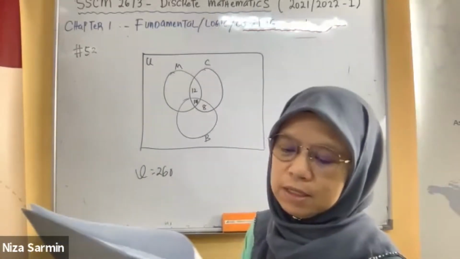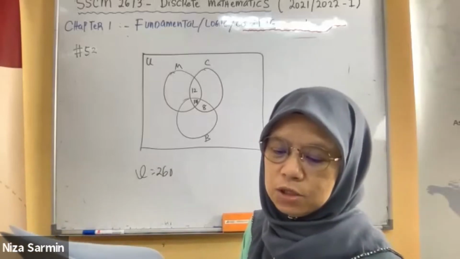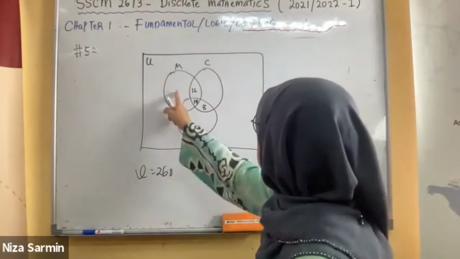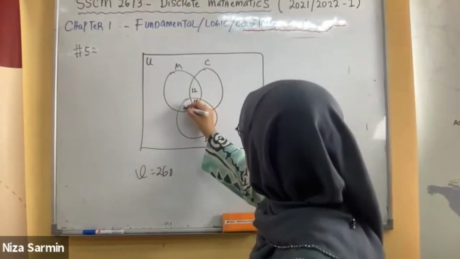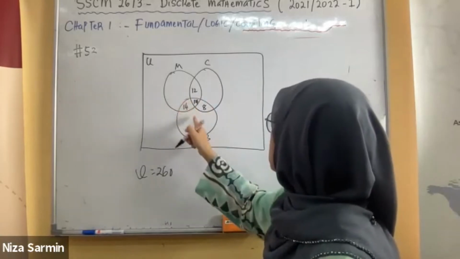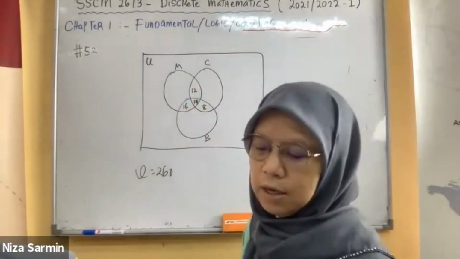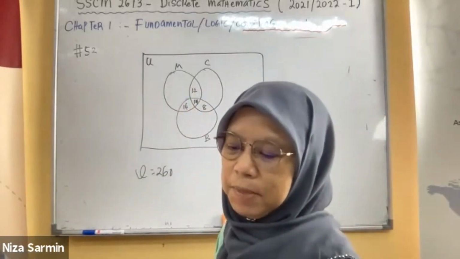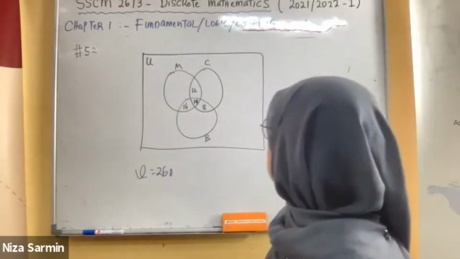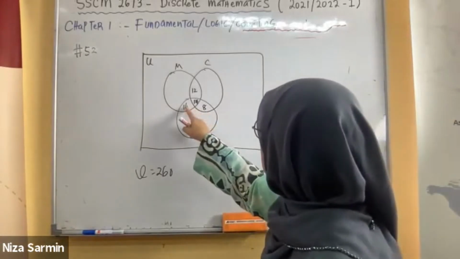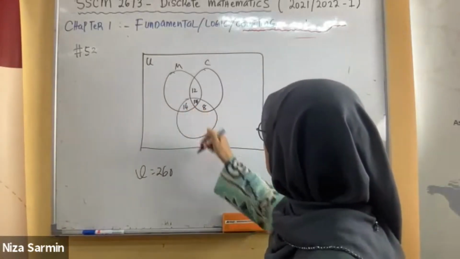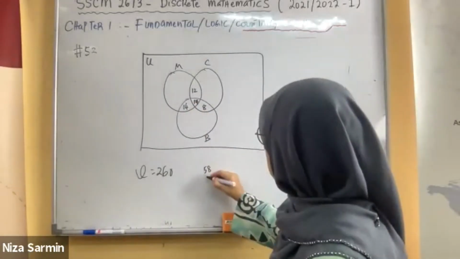28, mathematics and business. 28, mathematics and business. Okay. 58, business. So you add 28, 36, 58.